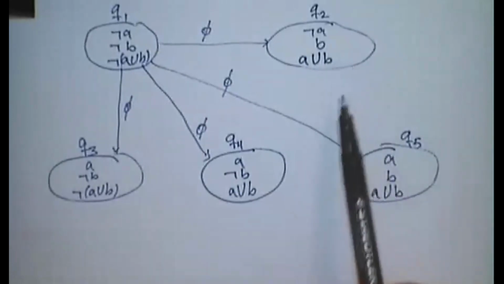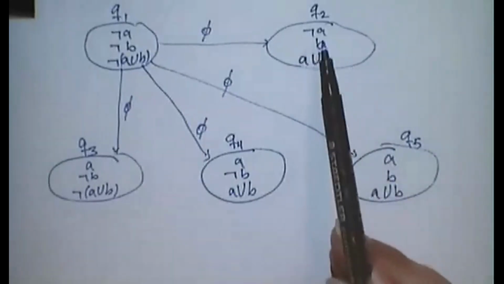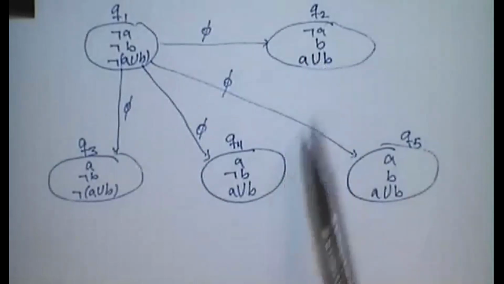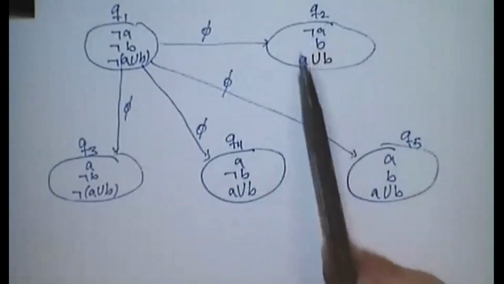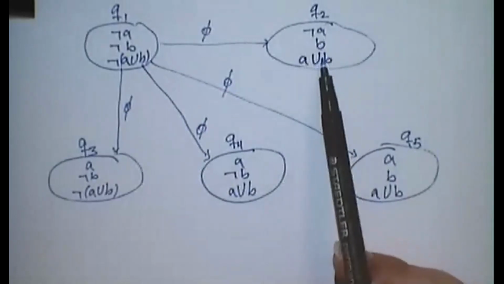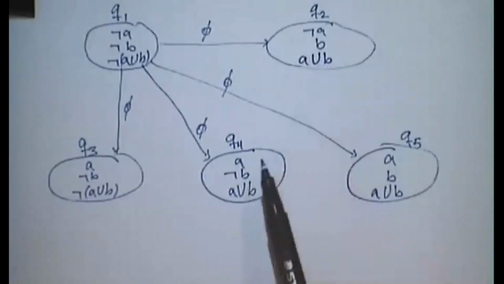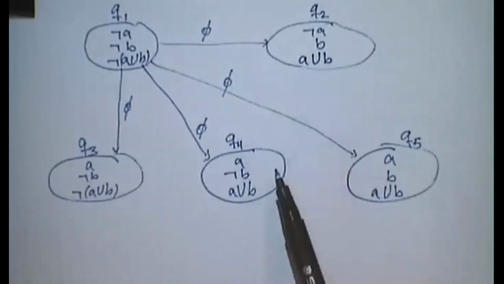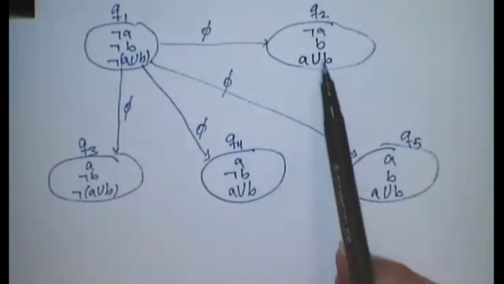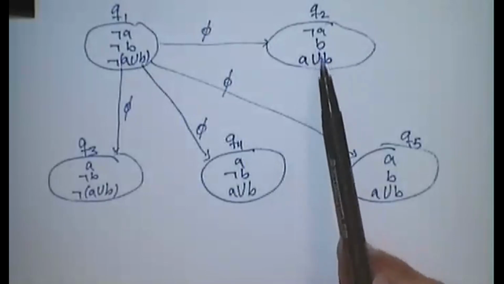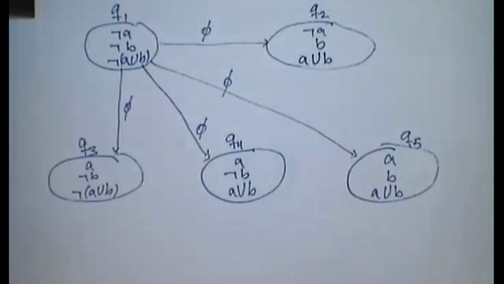I have not A, I have B, and I have A until B. So the only letter that I can read going out of Q2 is B, right? Because I shouldn't have A and I should have B. But I also have A until B. This is already satisfied here because I've again seen B. So I can again go everywhere I want.